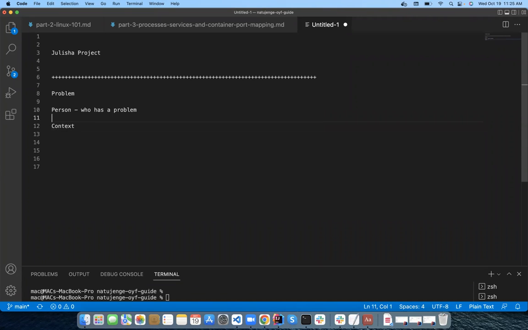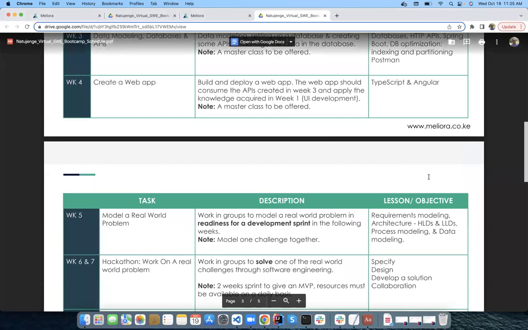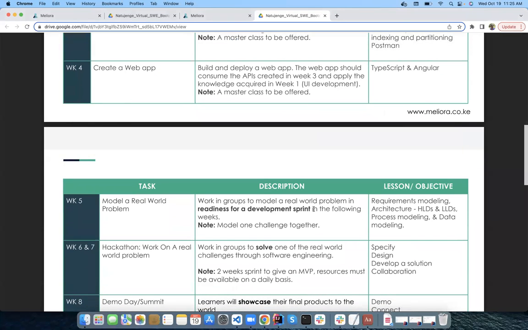We will do a number of sessions. I know we had locked between 11 to 1. We will probably do a basic part, then take a little break, and then come and do the next part. But the key idea is for us to ensure that we understand how to model a problem and how to do the HLDs and the LLDs, the process modeling and the data modeling.